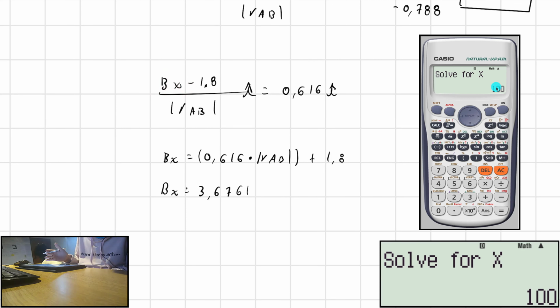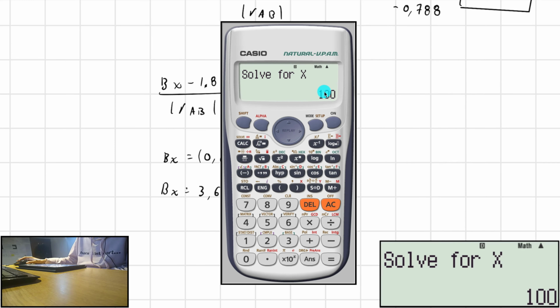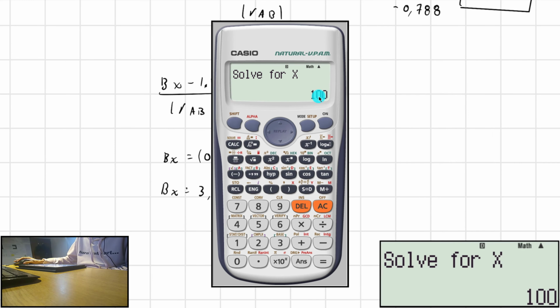The number that I put right here is going to be the first number that the calculator is going to try. So I don't really care about it. It is actually a pretty simple equation, so it could be 100, 1, 1000. So I just can press 5 and whatever.